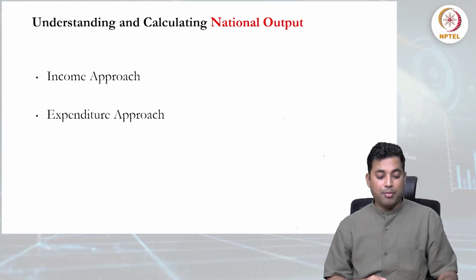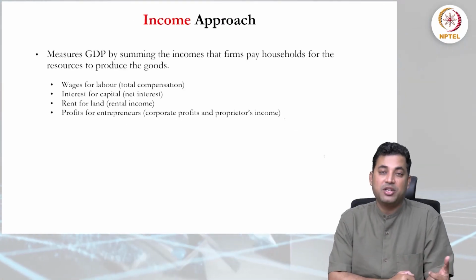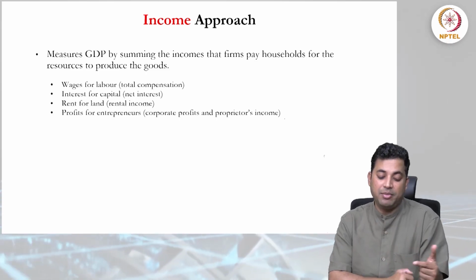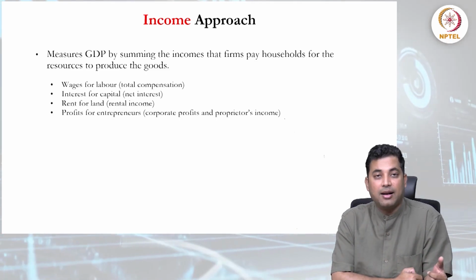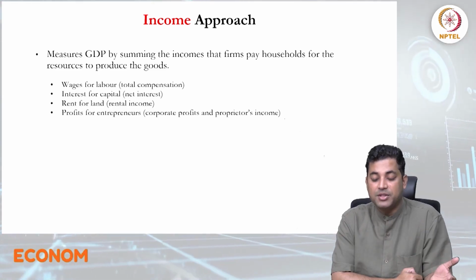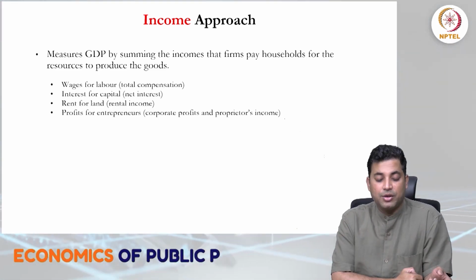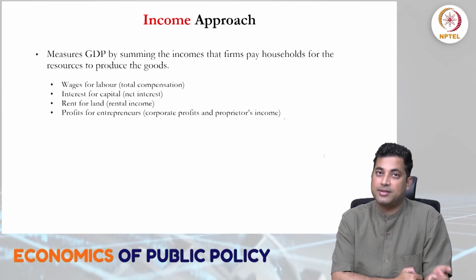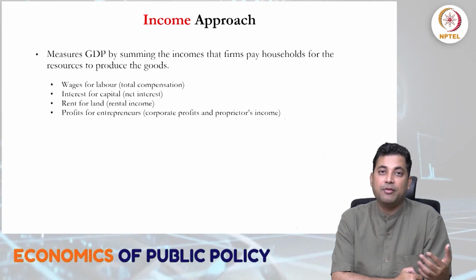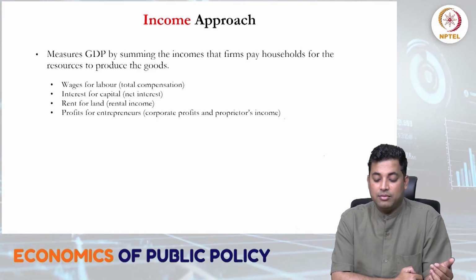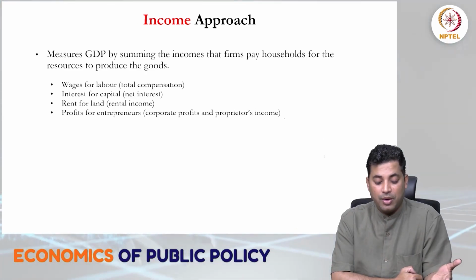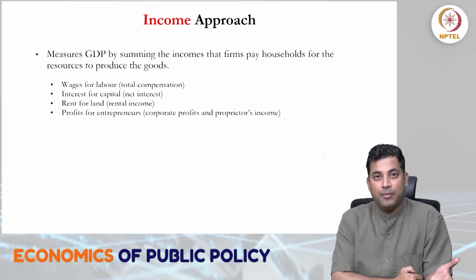So the income approach measures GDP, and here GDP we refer to as output, by summing the income that firms pay households for the resources to produce the goods and services. So it's basically firm-level data that we get, of firms paying factor payments in return.